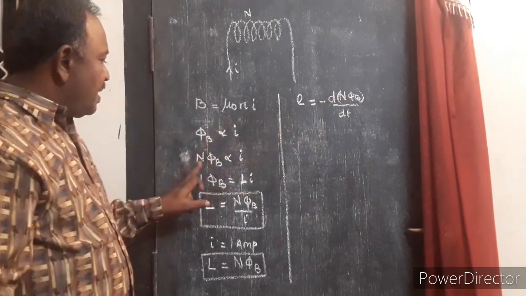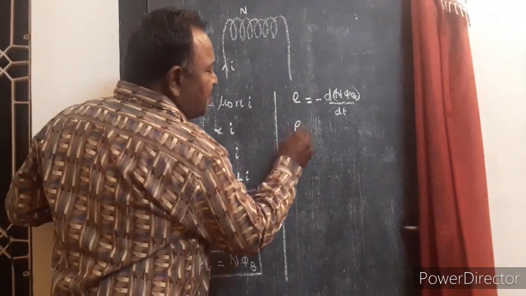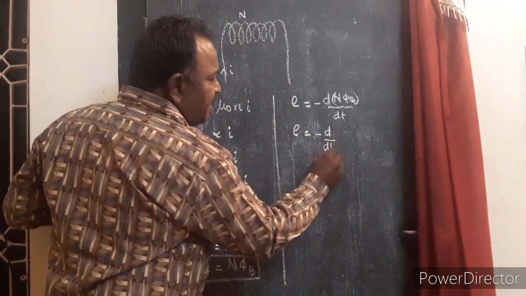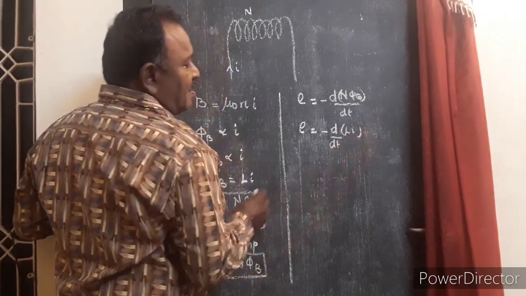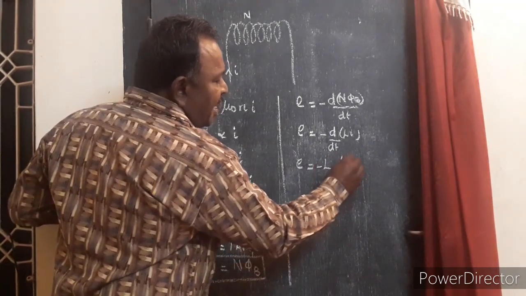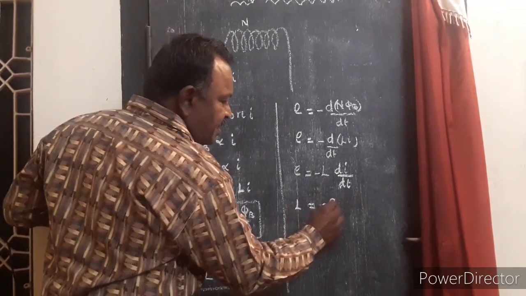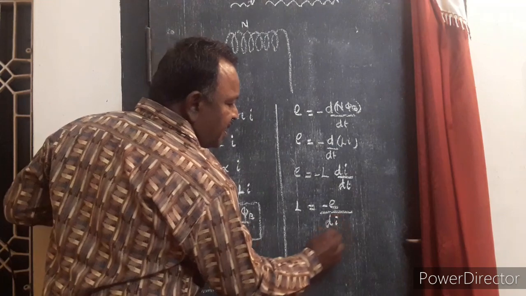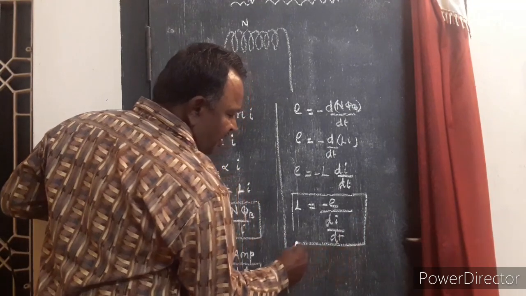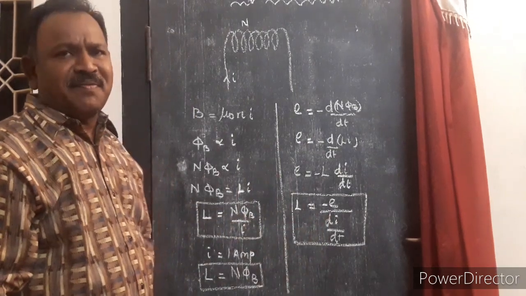But we know N phi B is equal to L I. So substituting this value, the induced EMF is given by E equals minus d by dt of L I, or induced EMF is equal to minus L into dI by dt, or L equals minus E by dI by dt. This equation helps us to define self-inductance in terms of induced EMF.